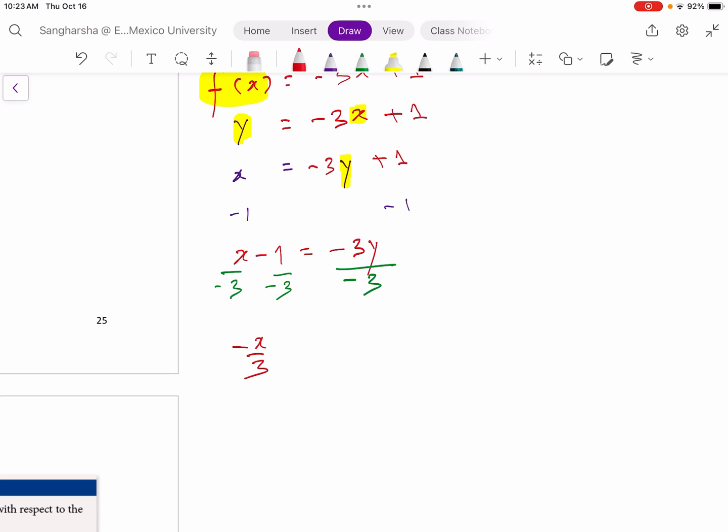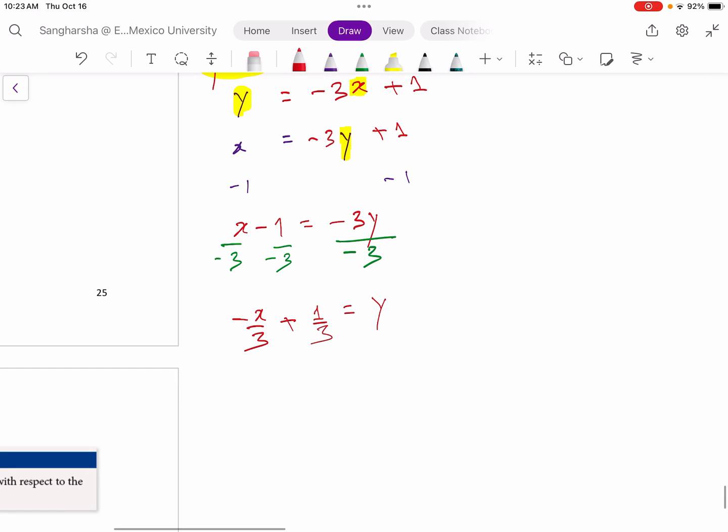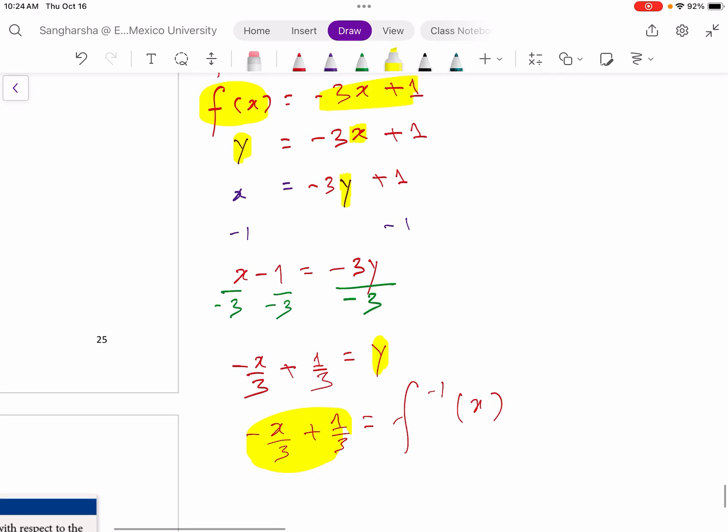Negative 1 divided by negative 3 is positive 1 over 3, equals y. At the end, you replace y by f inverse. So we have negative x over 3 plus 1 over 3 equals f inverse of x. And this is the inverse of our function f.